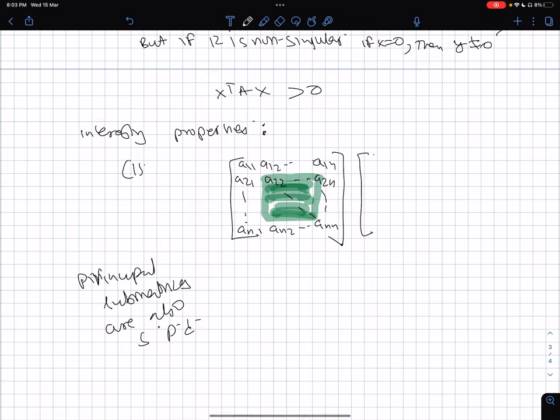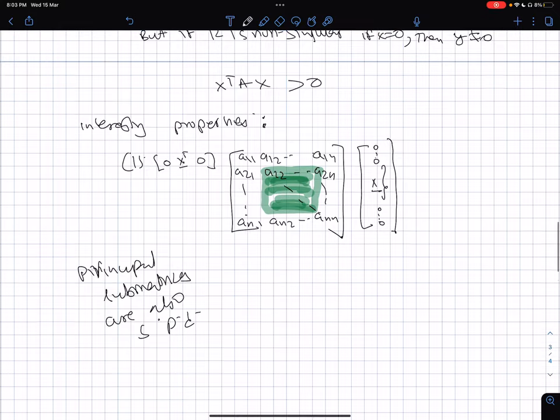This follows from the simple fact that for the others you just set these coordinates to 0, and whatever remains, I'll call this x bar. Write this vector here like this: 0, x bar transpose, 0 here.